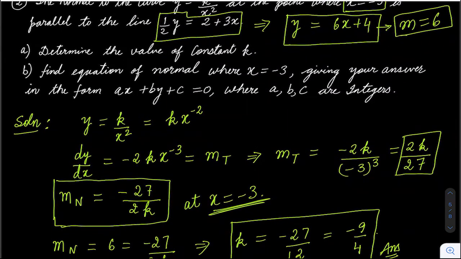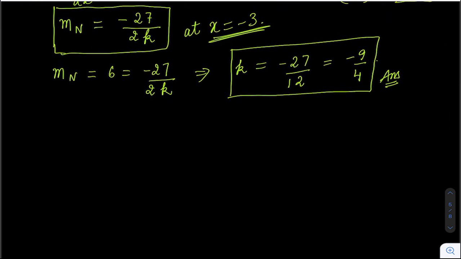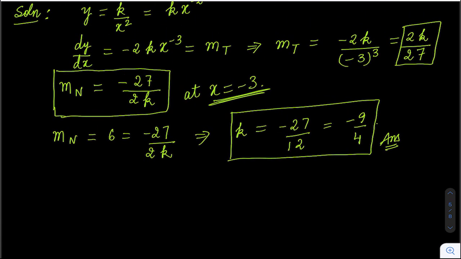Okay, B part now. So once we have k, we need to find the equation of normal. Once you have k, we have the x value. So let me write the curve. Curve is y equal to k over x square. Now I already know the value of k, that is minus 9 over 4x square.